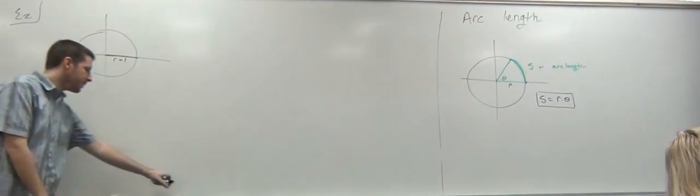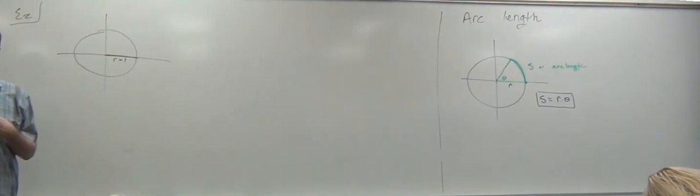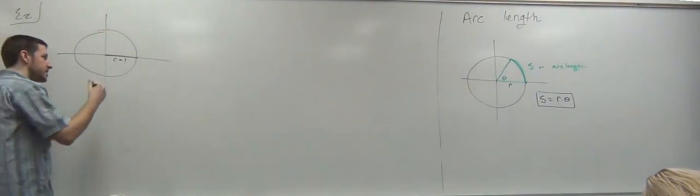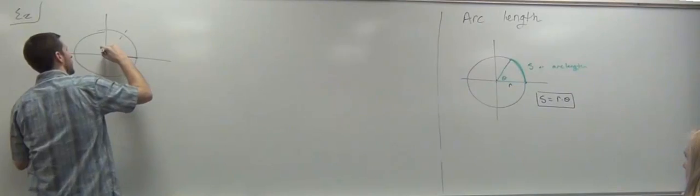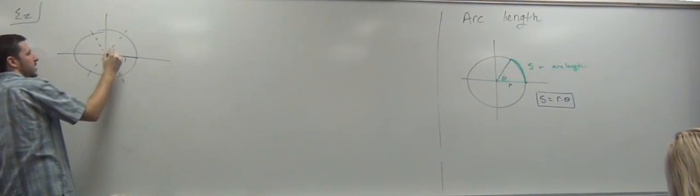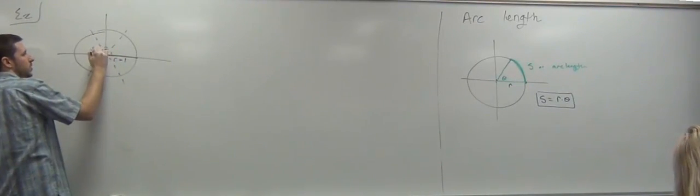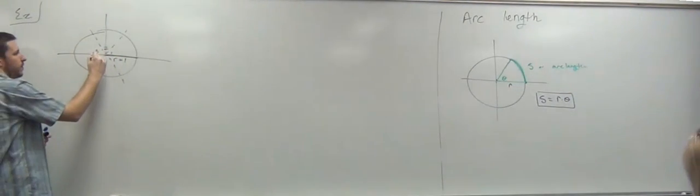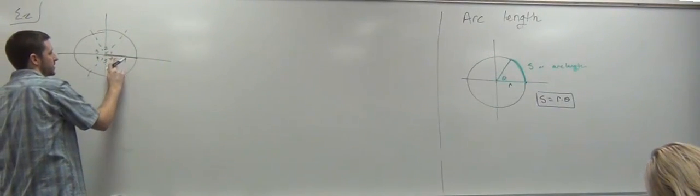And if you were going to graph 4 pi over 3 for me, because I'm a super perfectionist when it comes to radians, you would split pi into 3 equal sections, bottom pi and top pi. 1, 2, 3, 4, 5, 6.